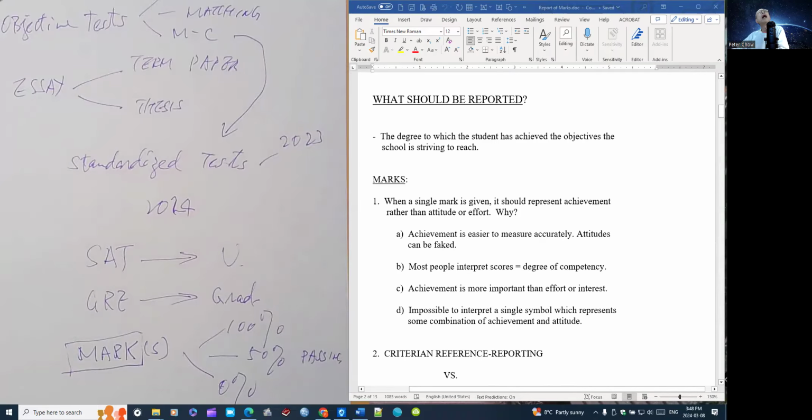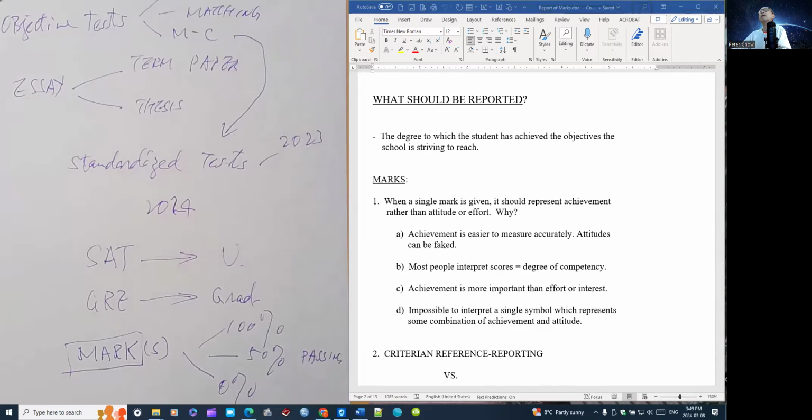Now, what should be reported? The major factor that should be reported is the degree to which the student has achieved the educational objectives of the course, because those are crucial, right?